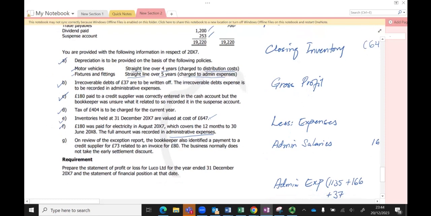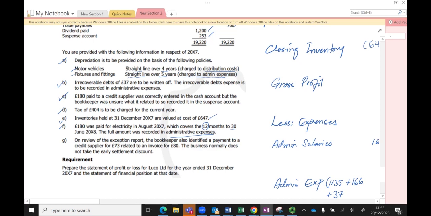So notice that 180 was paid in August, and that was paid for the full year, 12 months. Our year end is 31st of December. So you can see that it is paid for the period of 1st of July.